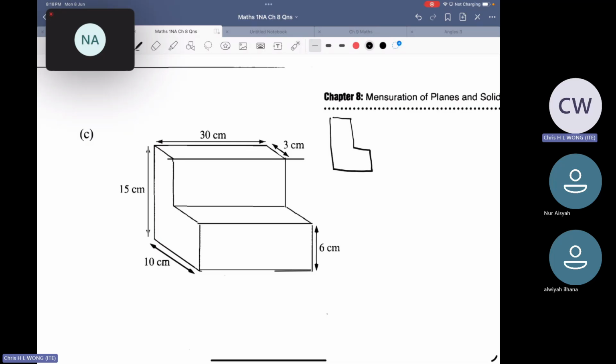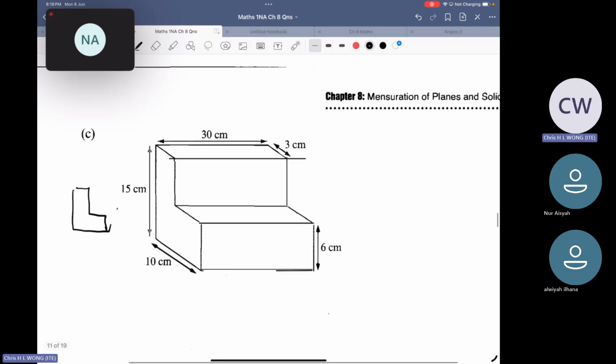Maybe I put it here. One side. If I look from here, this is one side. If I look from the top, what do I see?